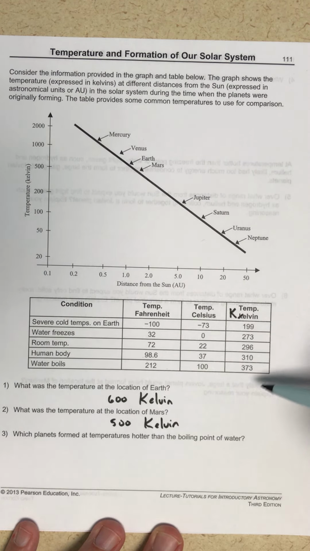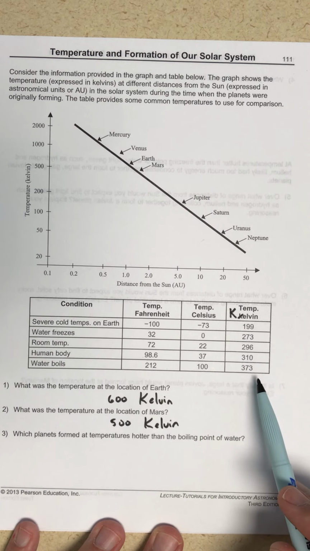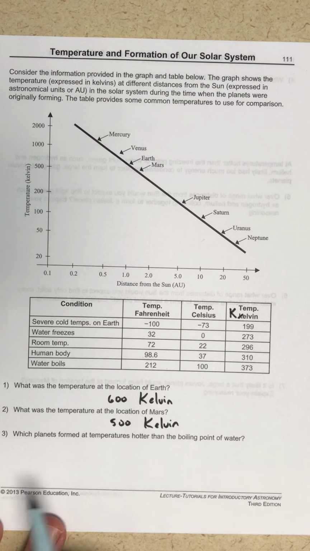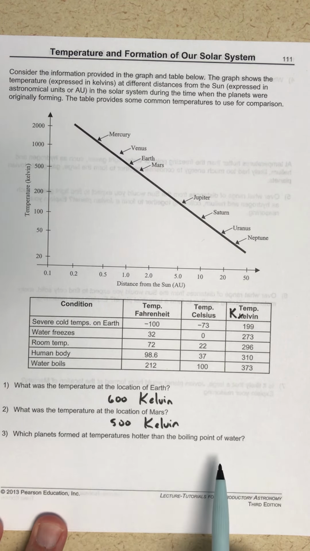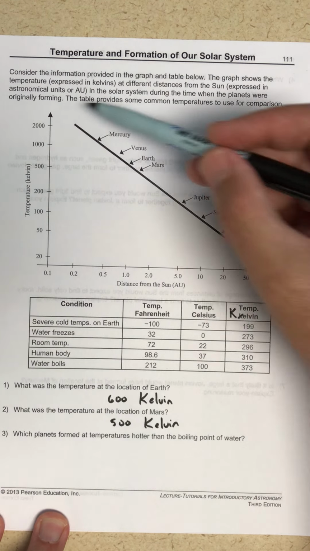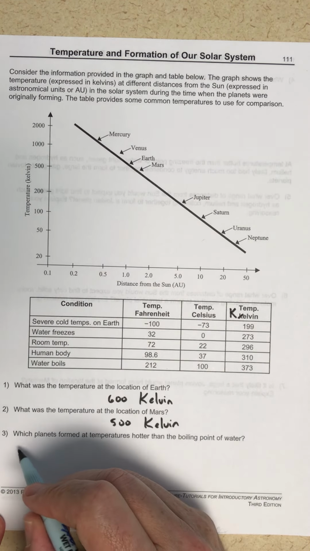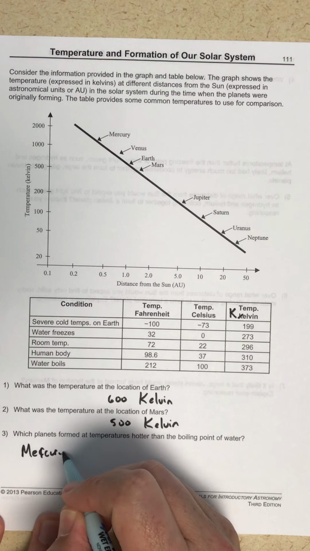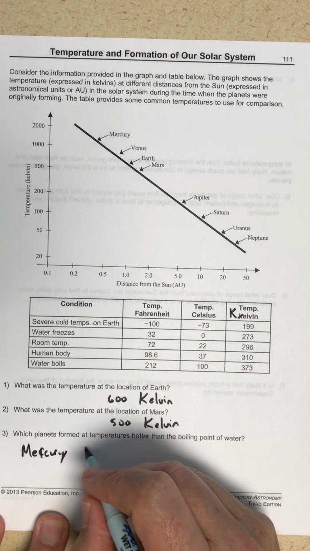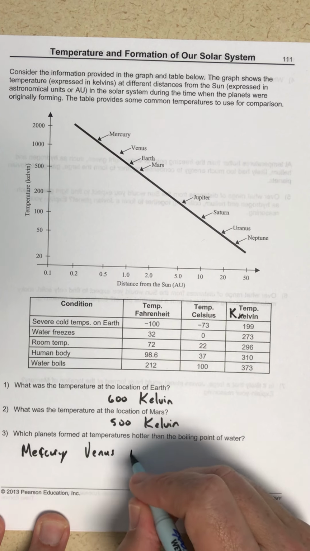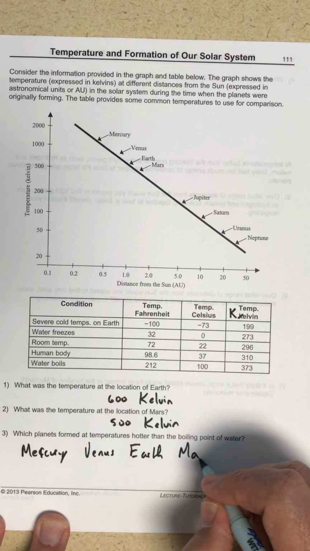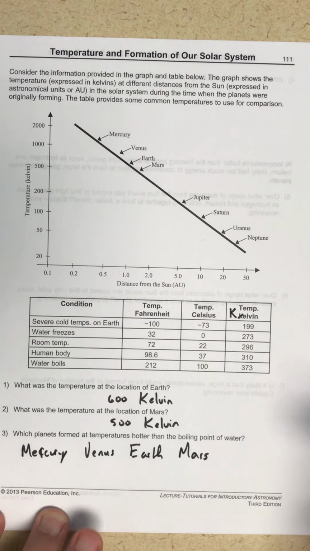So both of those are above the boiling point for water. So which of the planets are going to form at temperatures hotter than the boiling point of water? It's all of our inner ones, the terrestrial planets: Mercury, Venus, Earth, and Mars.